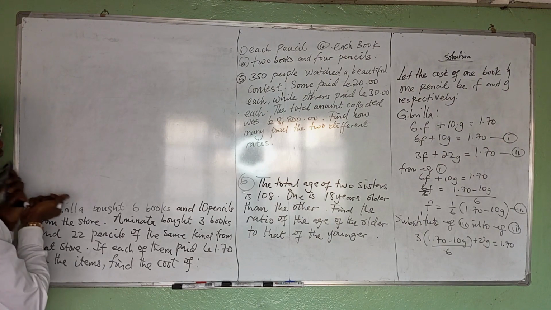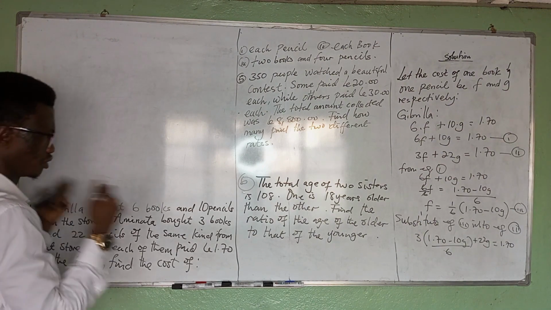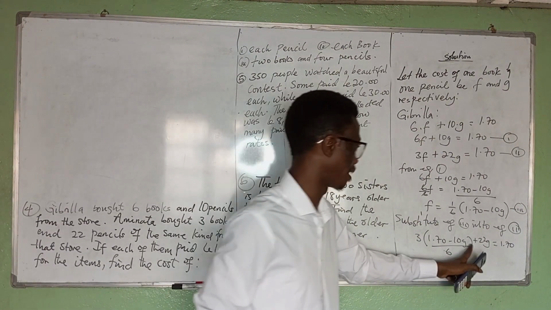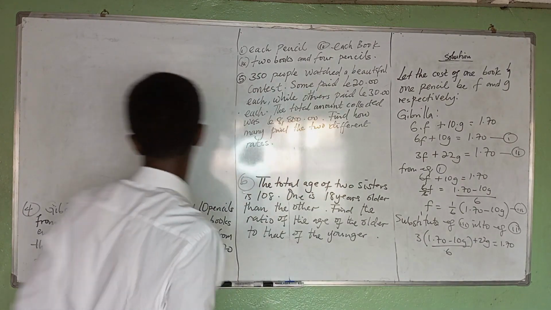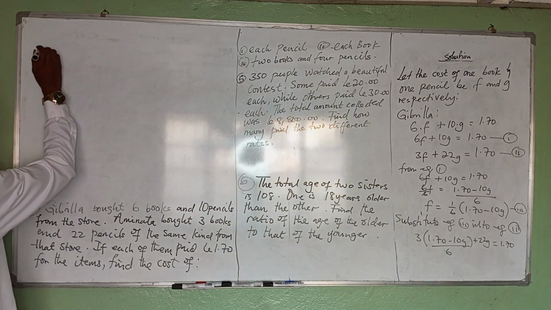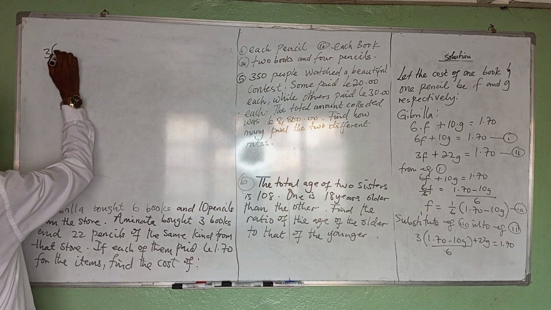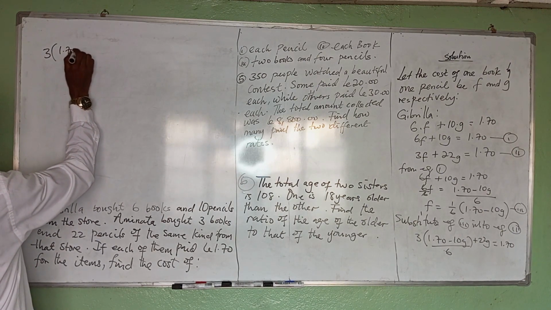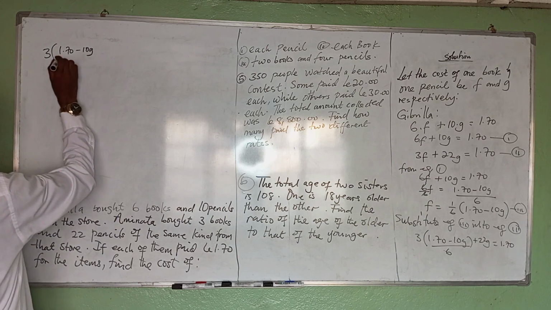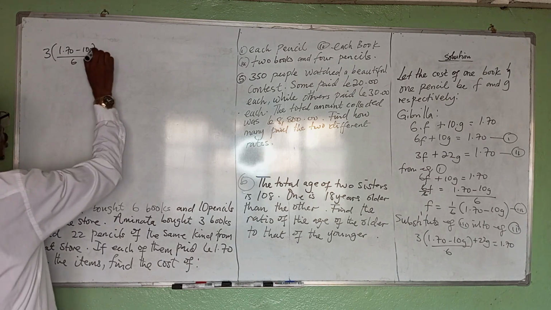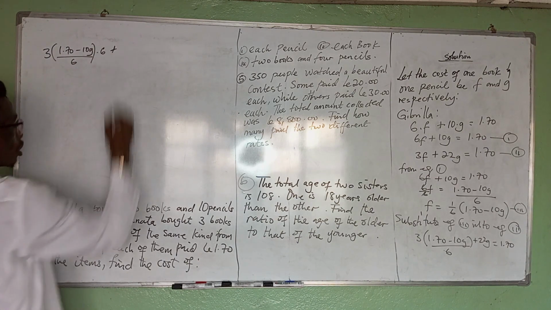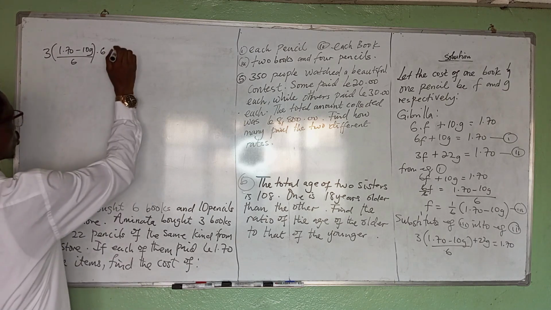So as I was saying, you multiply this by 6, this by 6, this by 6. So that's going to be 3 into 1.70 minus 10G all divided by 6. So you multiply this by 6 plus 22G.